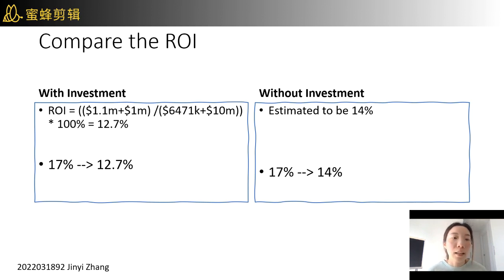So we can compare the ROI for each case. With the investment, obviously the ROI number is lower than without the investment. So Mr. Smith is reluctant to do the investment because the ROI number is going to reduce a lot.